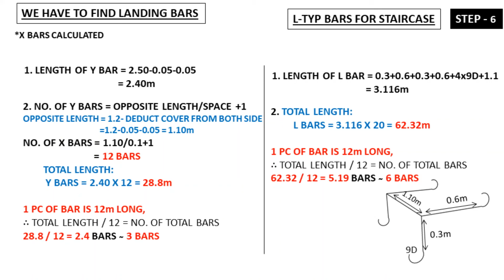After that, we have to find the total length of L bar, which equals 3.116 into 20. Why 20? 20 is the number of steps here, and we will get the total length 62.32 meter. And we know one piece of bar is 12 meter long, and we will get the number of bars.